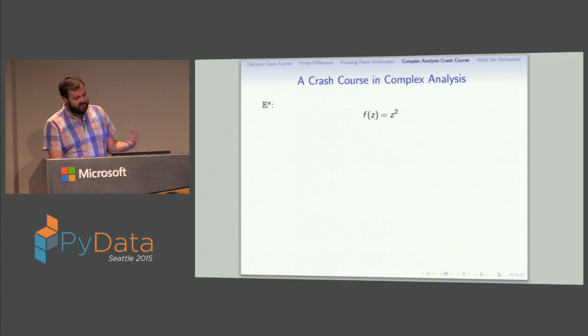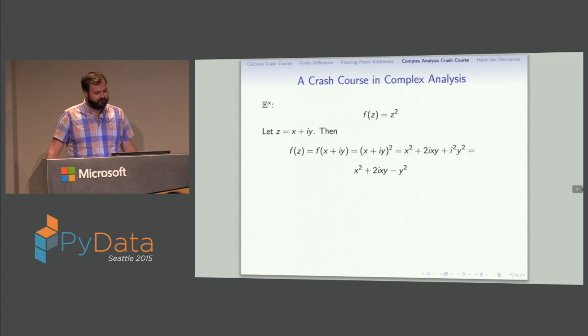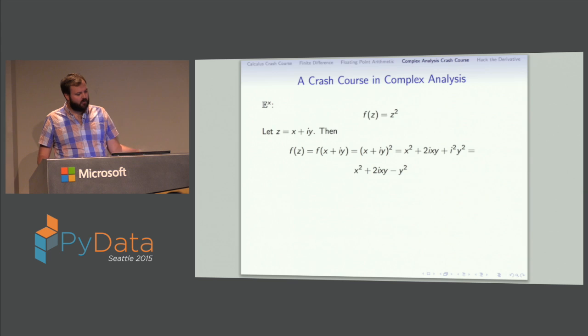So now we've got f of z is z squared. And so we're going to rewrite z as x plus iy. If we plug that in and carry it all the way through, we can expand that, and i squared becomes negative. We get x squared plus 2i xy minus y squared.